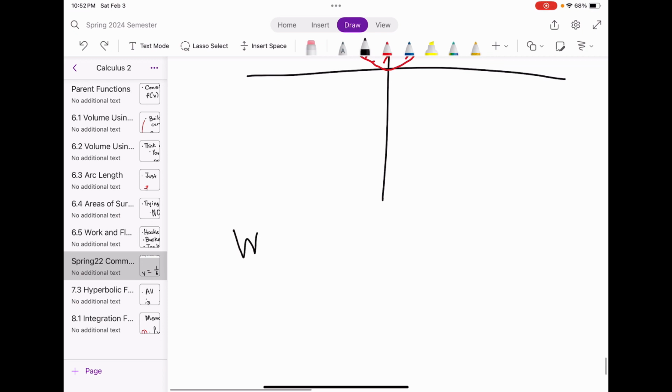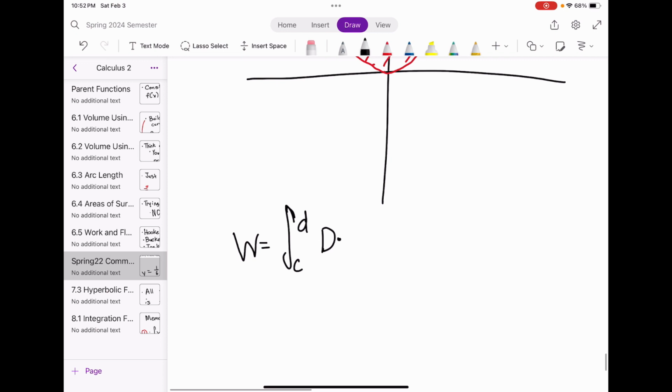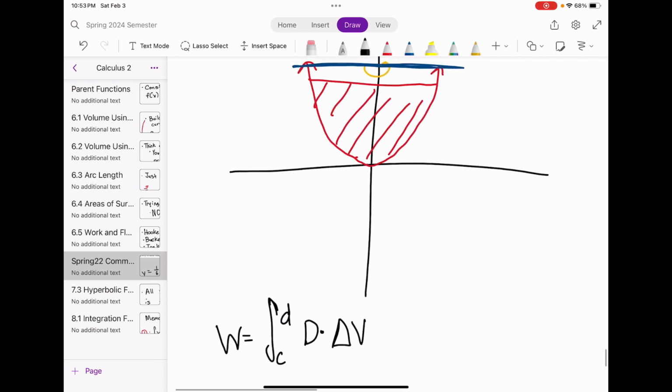So the formula is work equals the integral from c to d of density times delta V, which is the slices of this, times the remaining distance, times dy.